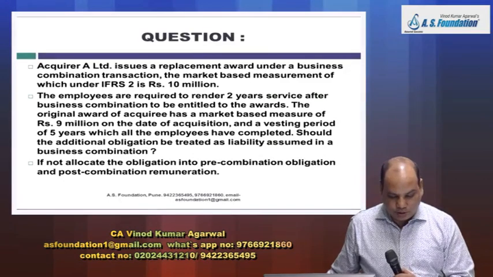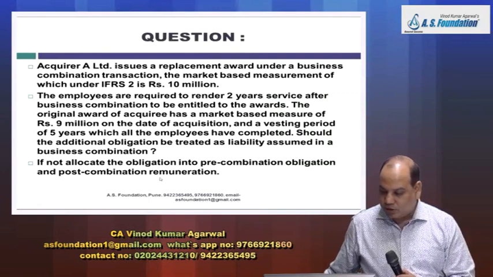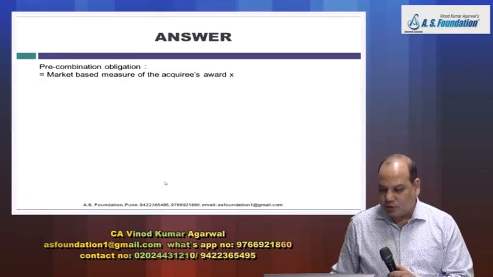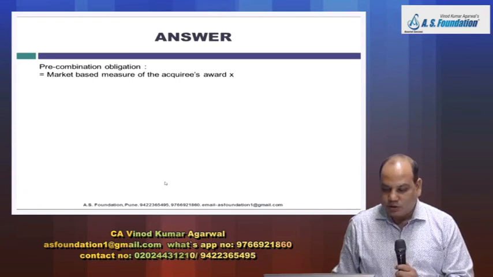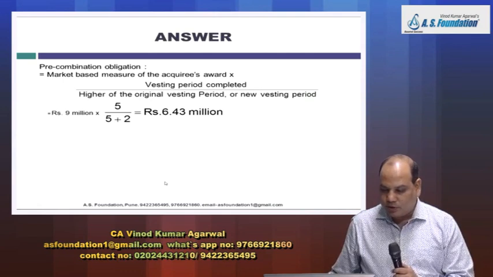So the question is, if not, allocate the obligation into pre-combination obligation and post-combination obligation. So actually this liability will be divided into two. Some portion will go to pre-combination and some portion will go to post-combination, because the employee will be required to serve 2 more years.